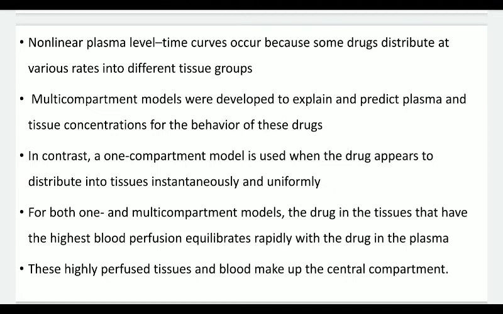This highly perfused tissue and blood make up the central compartment. So suppose someone asks you what type of components are there in the central compartment of the body. The central compartment of the body includes the entire blood circulation and tissues which are highly perfused with blood circulation.